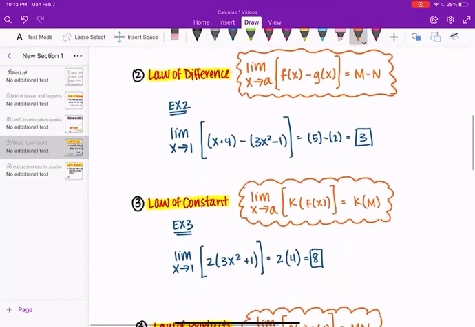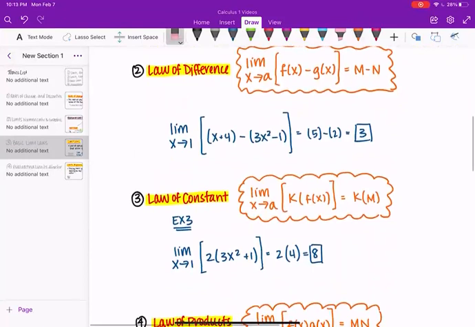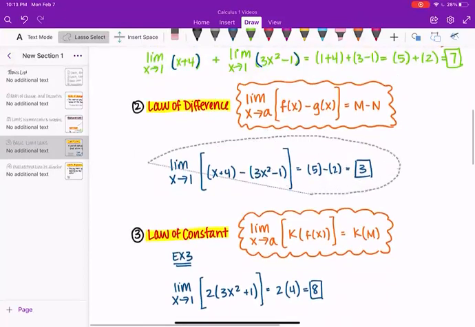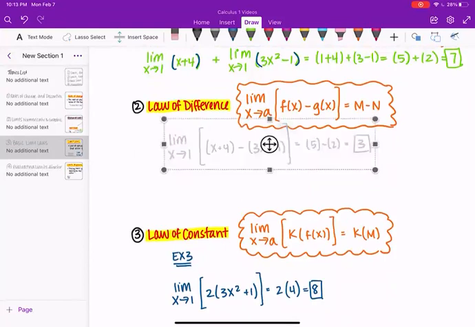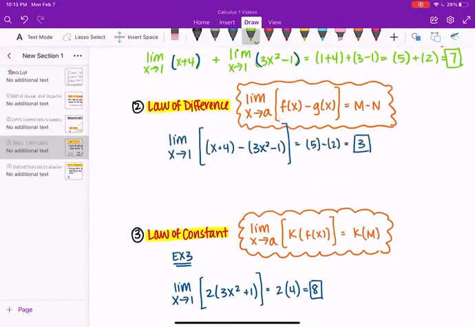The second law is very similar. If sums can work like this, you would imagine that differences can work as well, but let's test it. The limit as x approaches 1 of x plus 4 minus the limit as x approaches 1 of 3x squared minus 1. Then we evaluate those just the way we did above, independently.